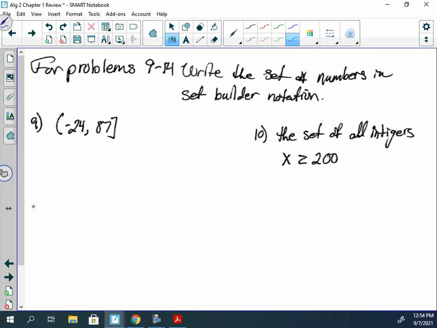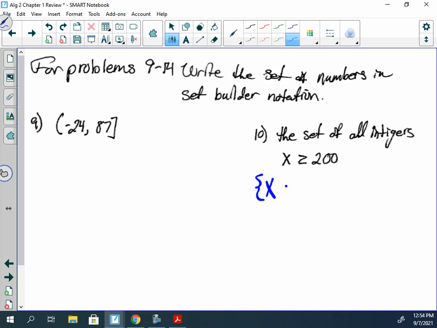Number 10 is the set of all integers x such that x is greater than or equal to 200. So we're going to start off with our curly bracket x. Now, most of the time we would do x bar, which is really saying the set of all real numbers x such that fill in the blank. But here, we don't have the set of all real numbers. We have the set of all what? Integers.